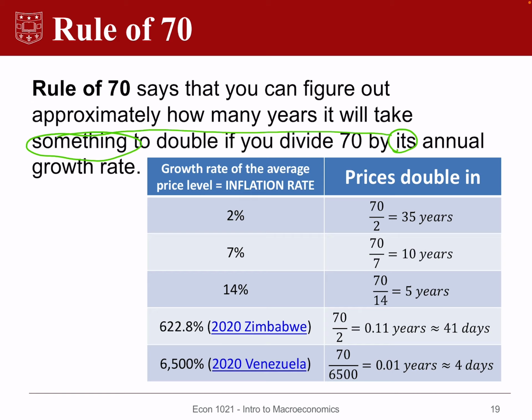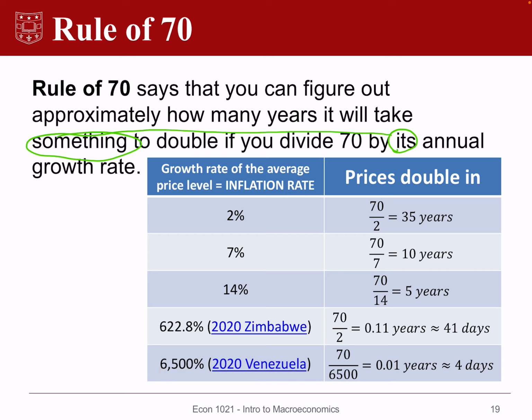Now, if you really want to get a sense of the problem of hyperinflation, you can look at these two numbers. This is the rate of inflation for Zimbabwe, estimated for the current year, 2020, and their inflation is very, very difficult to estimate in Venezuela. So there are lots of different estimates, but this one was from the IMF.